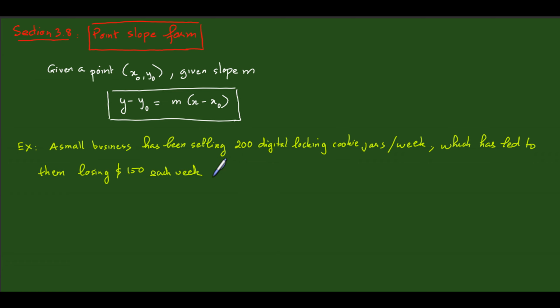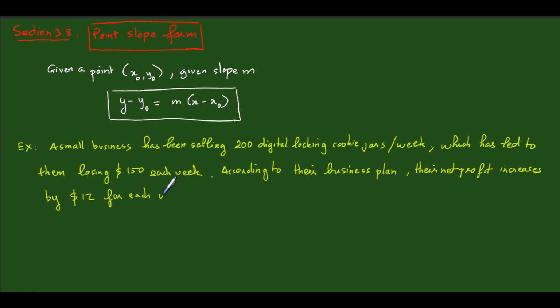Period. According to their business plan, their net profit will increase by $12 for each unit sold.